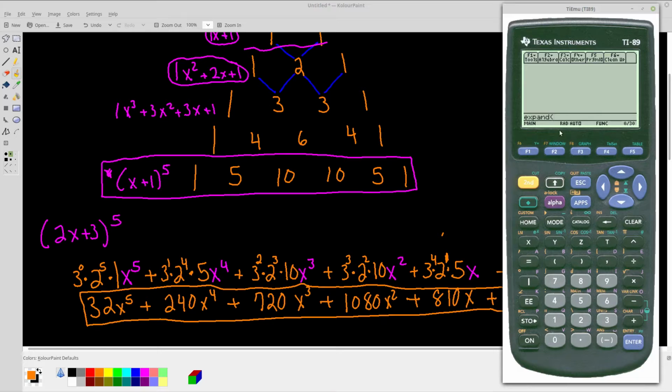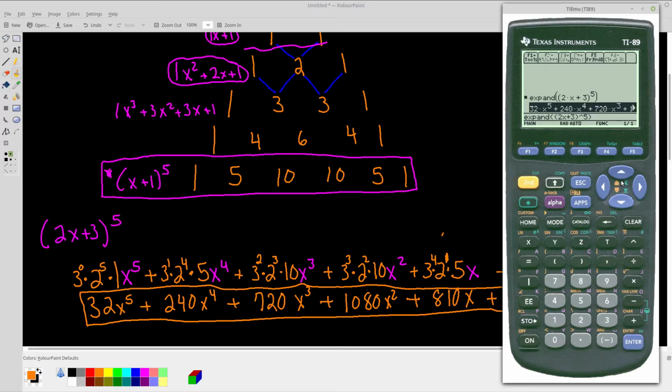So I'm going to put the command expand, and what I'm going to expand is this 2x plus 3, let me close the parentheses, raised to the 5th power. Now, it's been a while since I used one of these, so I think that's all I need to do, and I can hit enter, and it should expand it for me. I can't remember if I have to specify the x or not, but we'll see. Press enter. Oh, good, it did it.